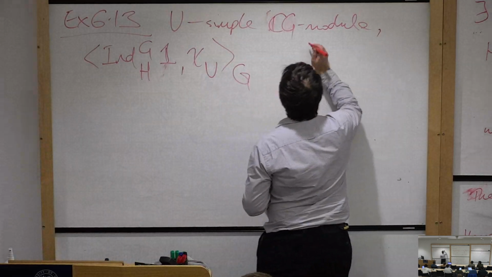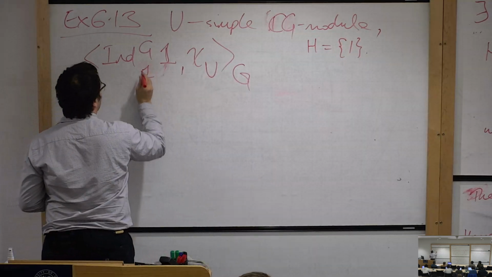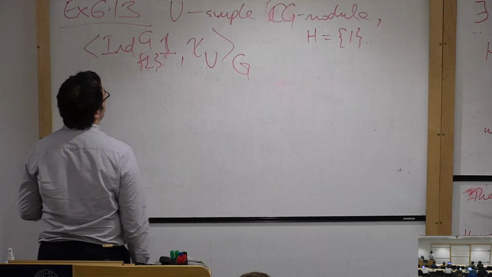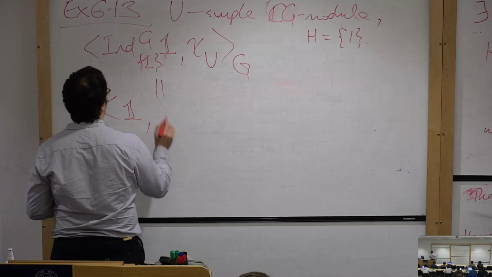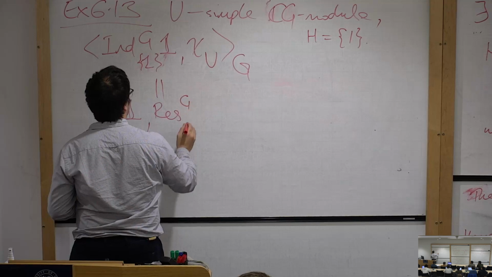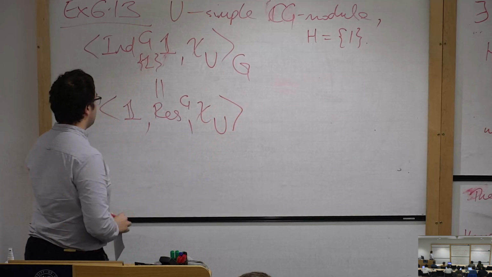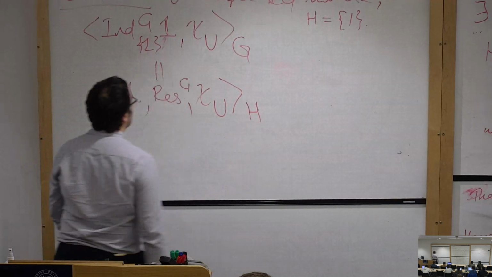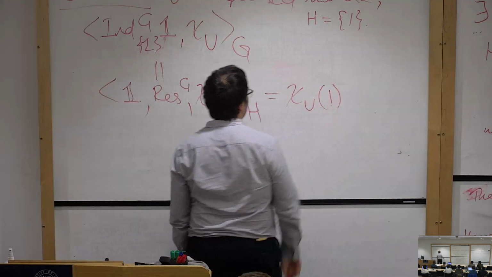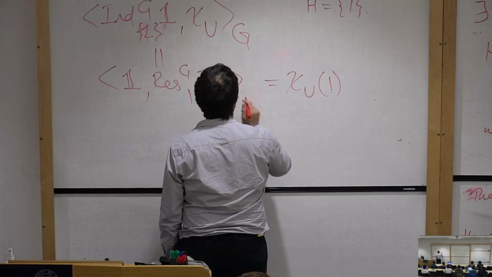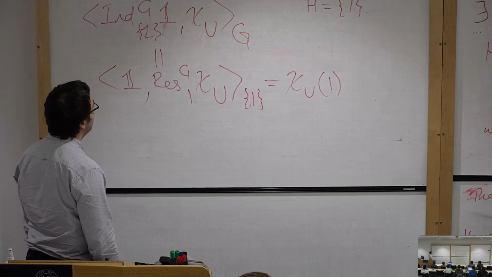H is the trivial group, sorry, 1. Well, by Frobenius reciprocity, this is the inner product of 1 with the restriction of the character of U. What is that? That's just the value of the character at 1, which is in H, the trivial group, which is the dimension of U.